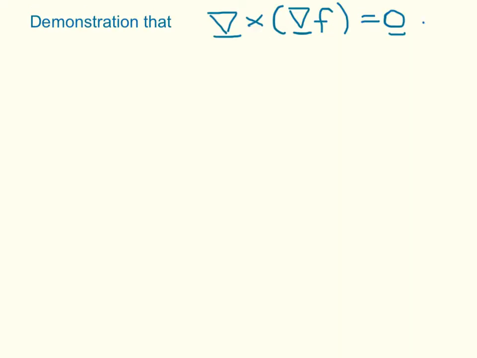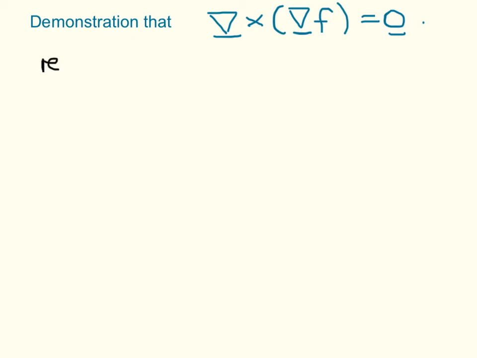So on this final slide, what we want to do is to show that the curl of the gradient of a scalar field f, which is differentiable twice, is going to vanish. So we know what the gradient is. Let's just write that down.